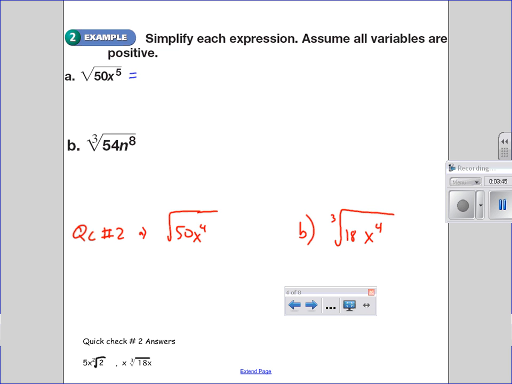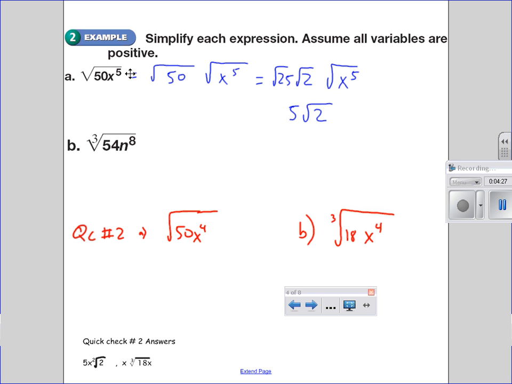Let's see here. Square root of 50 times the square root of x to the fifth. You could actually break these down separately if you think of it this way. Put your x to the fifth over here and your 50 here. We all know how to simplify the square root of 50. That breaks up into the square root of 25 times the square root of 2, and I'll keep the square root of x to the fifth over here. So this is 5 square root of 2, and this is the square root of x to the fifth.